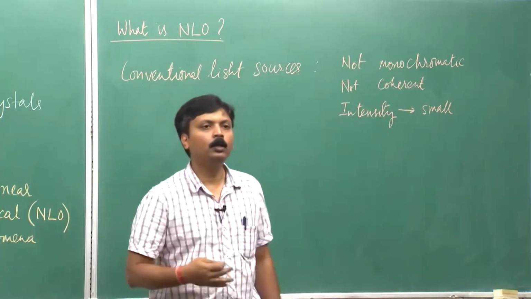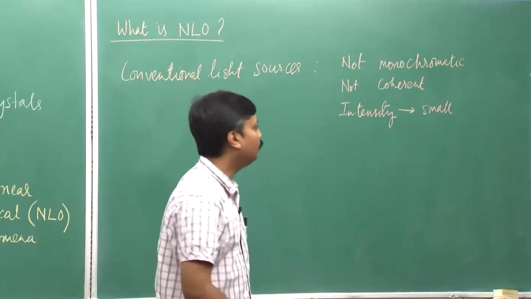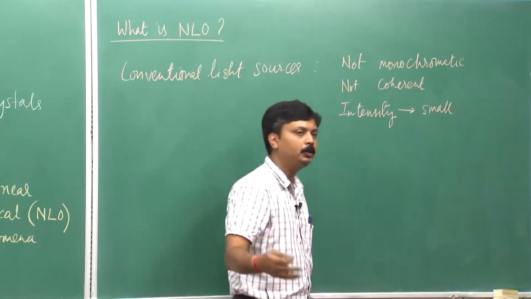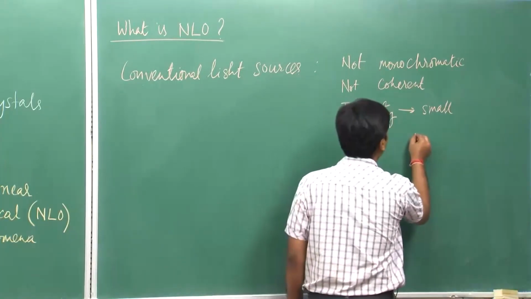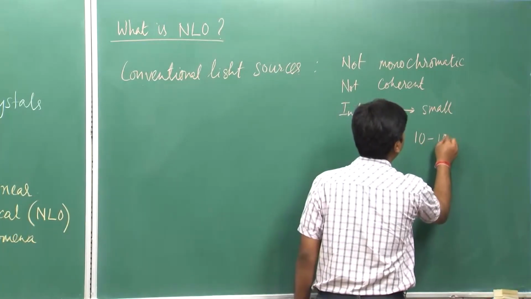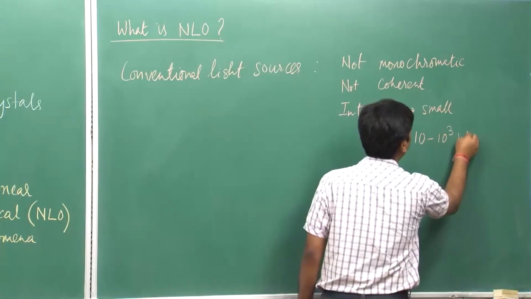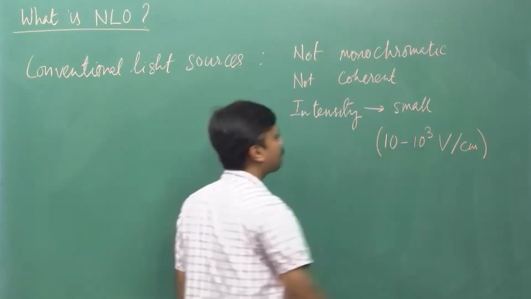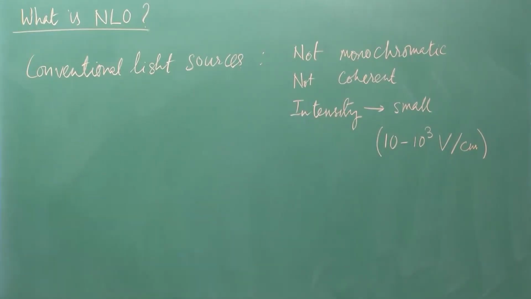How small? We have seen in one of the earlier classes that the electric field amplitude is something like between 10 to 1000 volt per centimeter. This is a fairly small number.